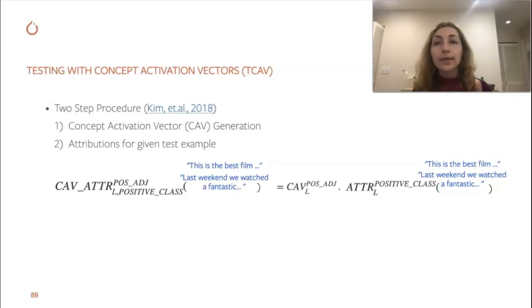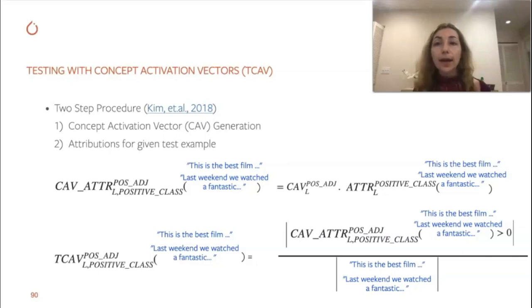Next, we combine the outputs of those two steps, CAVs and attributions, together with a dot product, which results in a CAV_ATTR vector that describes the sensitivity of each positive sentiment prediction to the positive adjectives concept in the layer L. In order to create one quantitative score and aggregate CAV_ATTR scores across all test examples, we divide the number of text examples with positive CAV_ATTR scores by the total number of input examples.